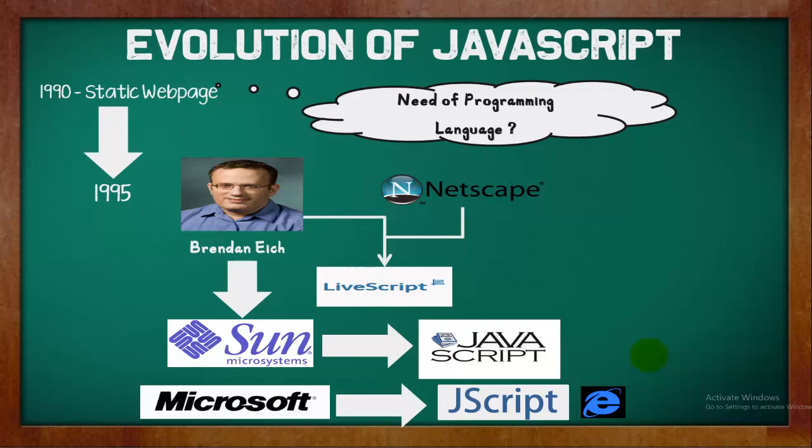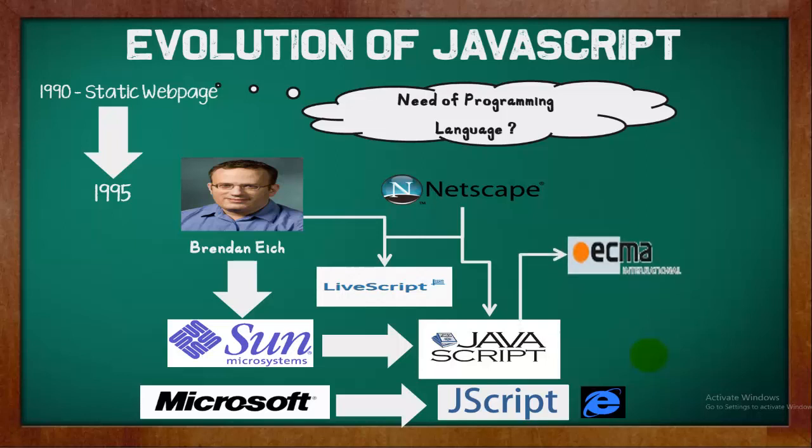People started using JavaScript more and more, and it became quite popular. At that time, Netscape, where the concept was started, acquired JavaScript again. They got a license from Sun Microsystems. So Netscape got JavaScript again, and later this JavaScript had to be standardized.